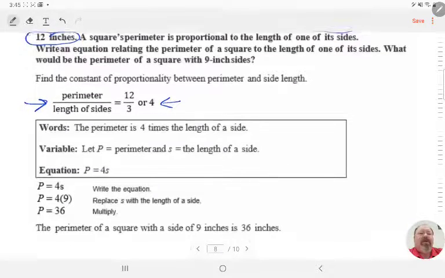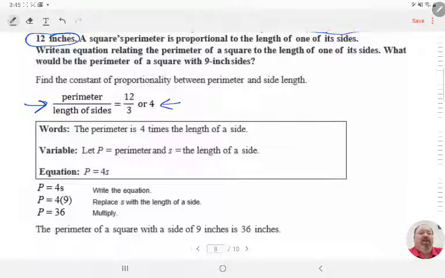All right. Now we could let P be the perimeter, S be the length of the sides, and we could write an equation. Perimeter equals 4 times the sides. Then if we want to know how much 9-inch sides would be, P equals 4 times 9, or 36. Okay?